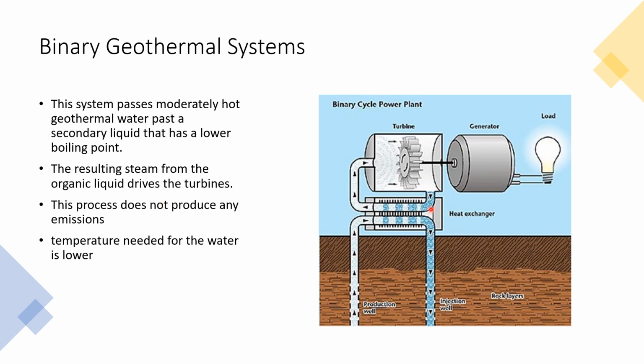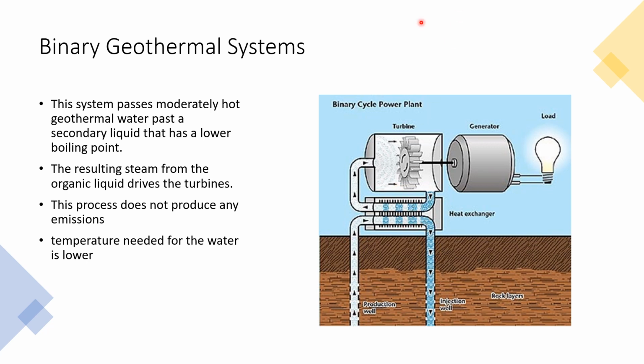So the resulting steam, of course, is going to go into your turbine. And one thing good about this system is the process doesn't produce emissions, so that's a good thing. And the temperature needed for the water is also low.